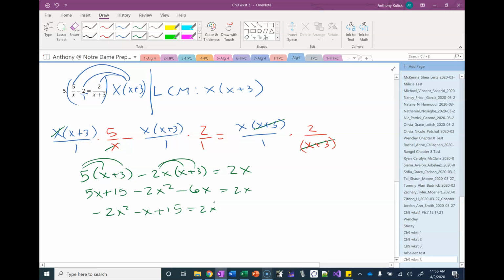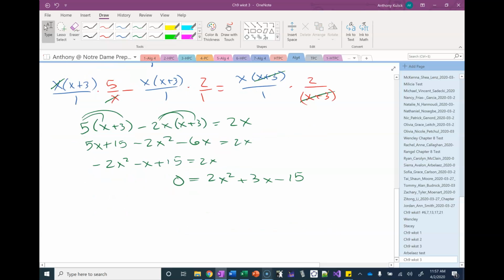So let's get this all equal to 0 since it's a quadratic. In general, I find it easier if the leading coefficient is positive, so I'm going to move everything onto the right side. So I'm going to add 2x squared over, add x over, and subtract 15 over. And what I'm left with is this quadratic equation.